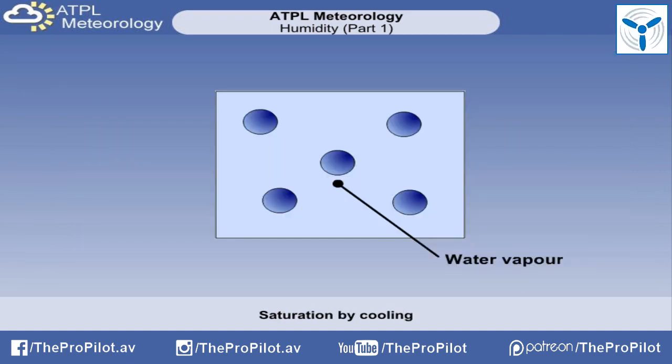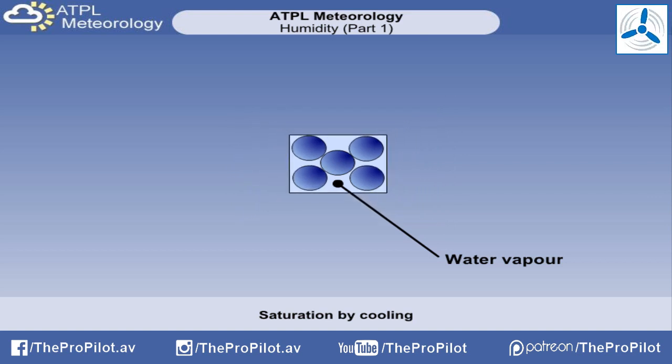We have established that one way we can make air saturated is by evaporating water into it until it is full of water vapour. However, there is another method of achieving this. If we cool air down, the space between air molecules decreases, and therefore there is less space for water vapour to fit.